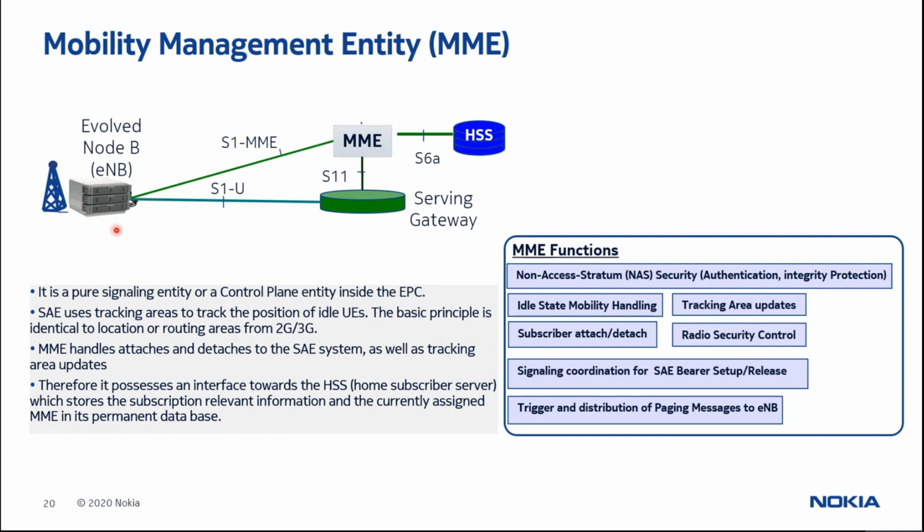It will get established through eNode B, but eNode B does not process the data related to non-access stratum. It will simply transparently forward it to MME, and MME uses this non-access stratum to perform authentication and integrity protection. How the authentication and integrity protection are done is not part of this scope, but you can refer to that offline.